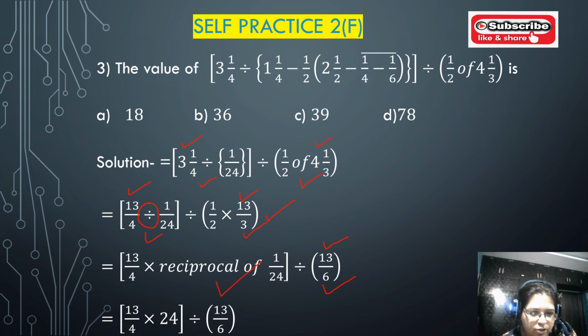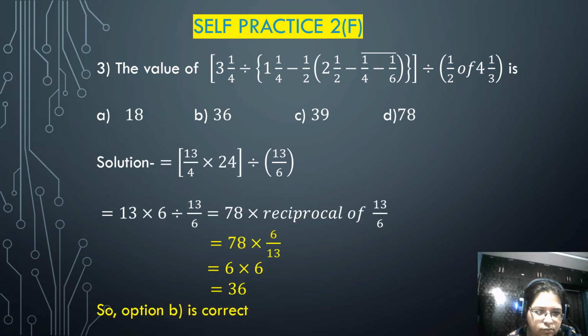So we get 13/4 multiplied with 24, division of 13/6. Now we get 13/4 multiplication with 24, that is inside the square bracket. Division of 13/6.